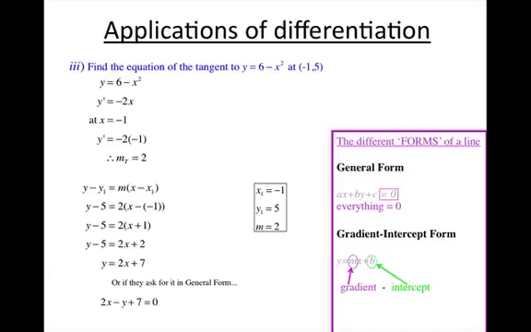Remember, b is our y-intercept. Those are the two things that we need to find. So gradient intercept form is y equals mx plus b. With general form, it's everything equals 0.